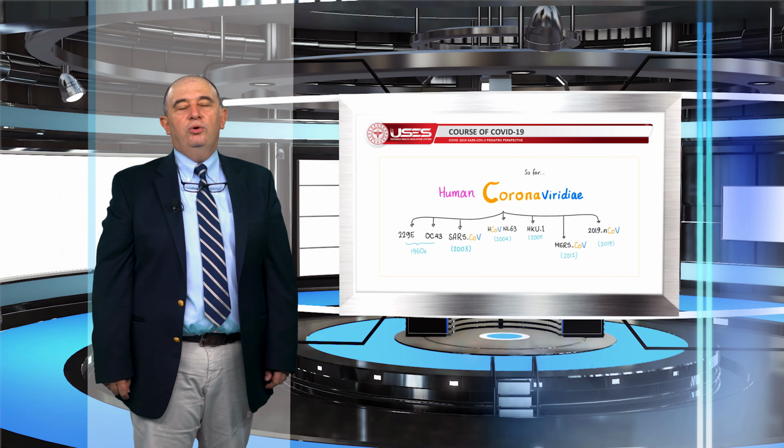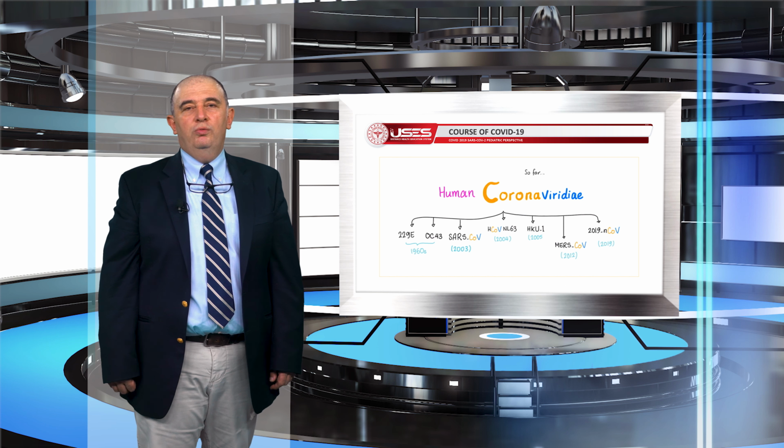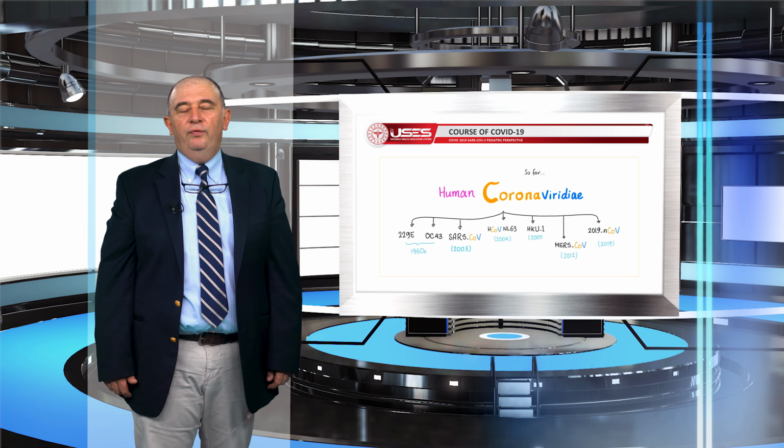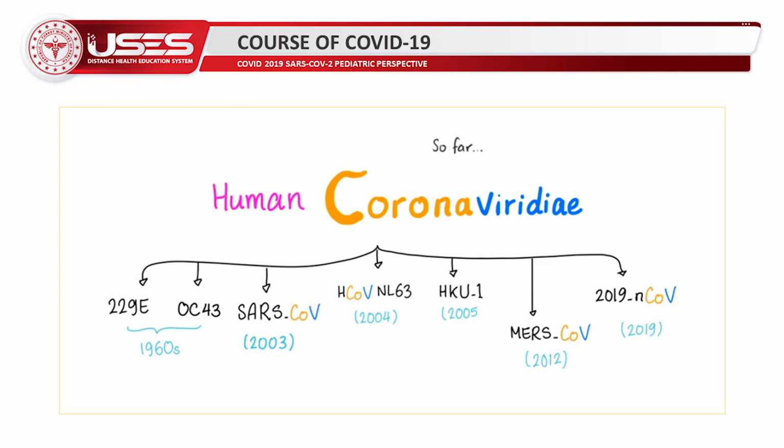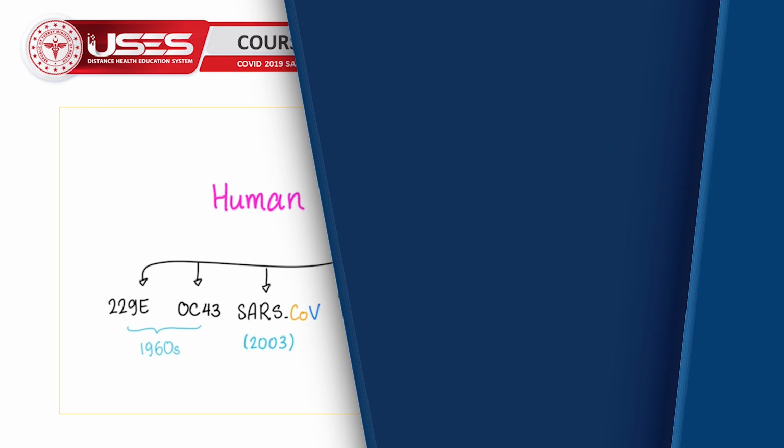As we talk about coronaviruses that can infect human beings, the first we knew were the seasonal coronaviruses that infect children, shown in pediatric patients around the 1960s. Later SARS-CoV and MERS-CoV emerged.